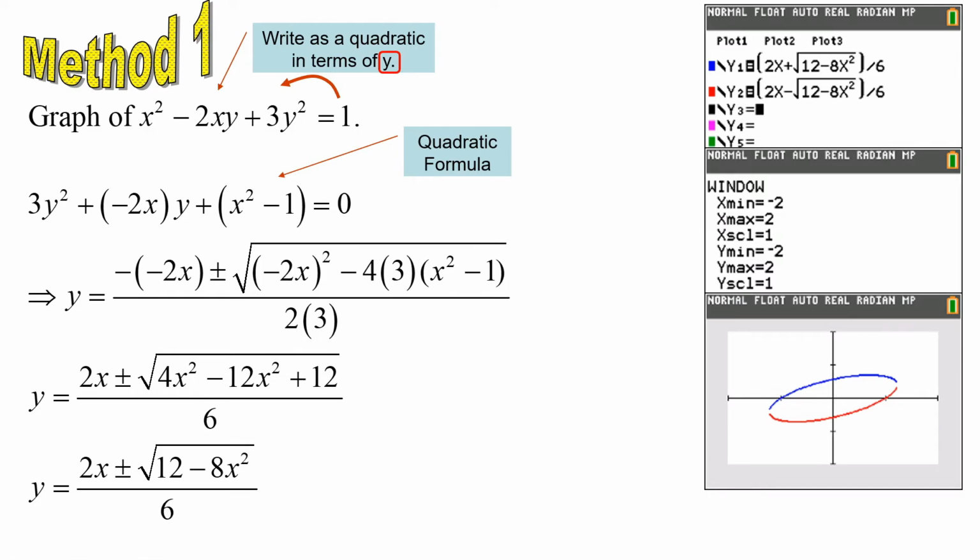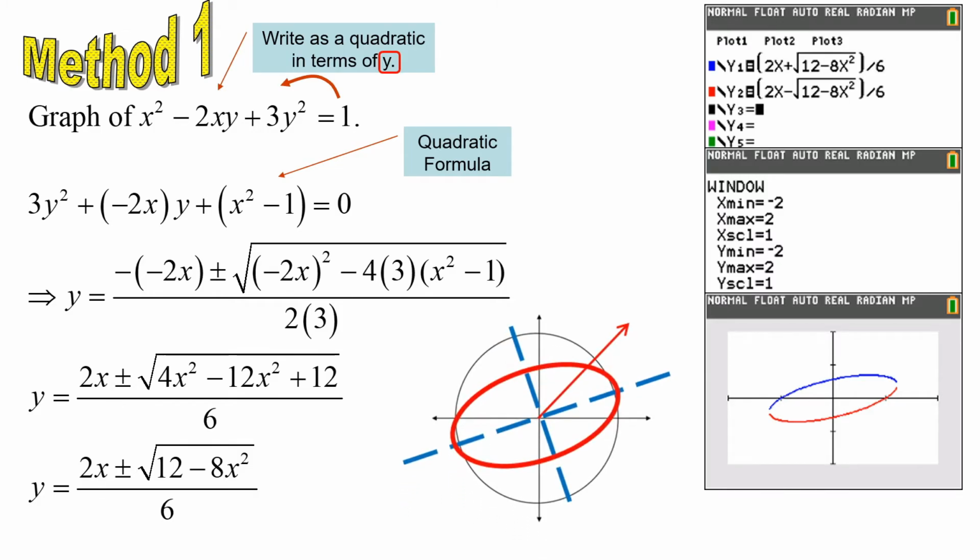Isn't that beautiful? All right, so there is my calculator's version of the sketch of this ellipse, and I'm excited about that. Don't get me wrong, but remember what we already knew? There's our sketch we did by hand, all right? And yeah, I don't know, the calculator didn't give me much more. Now, by the way, I could find my intercepts right here on my calculator pretty easily, all right?